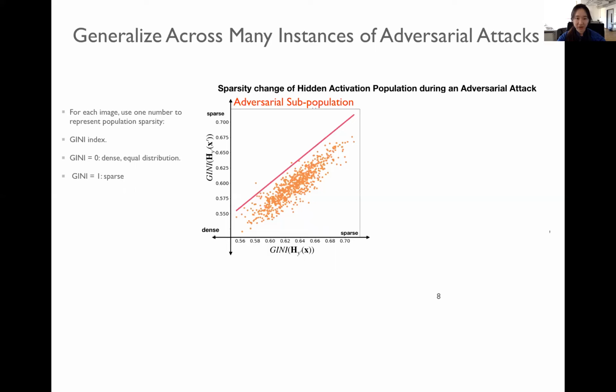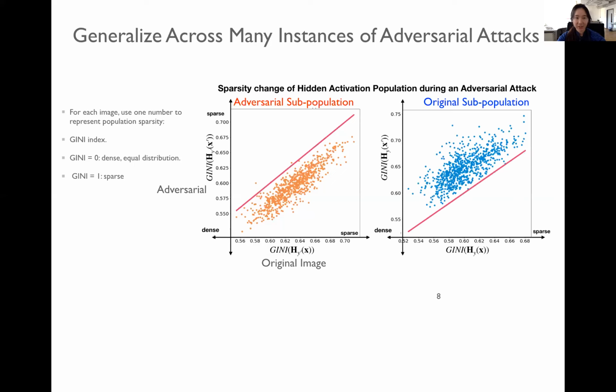For the adversarial subpopulation, when compared to the original image, their activity seemed to become denser when the input is adversarial. And for the original subpopulation, this is also confirming our previous hypothesis that their activity seemed to be sparser when the input is an adversarial image.